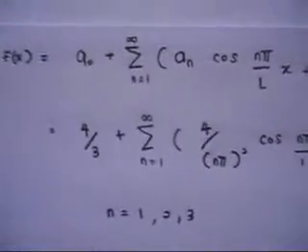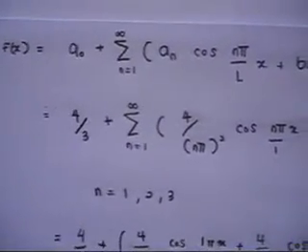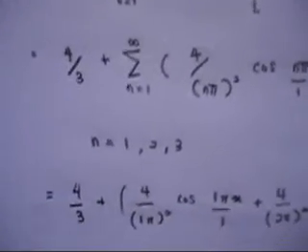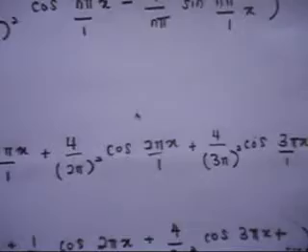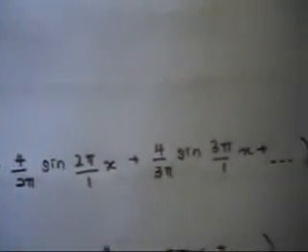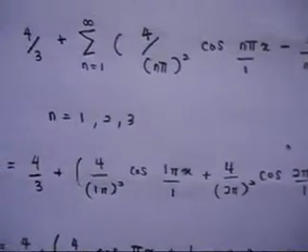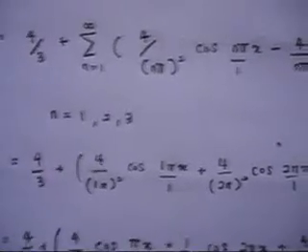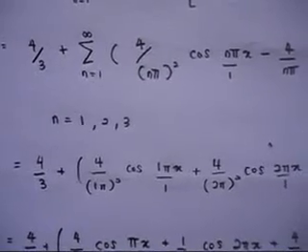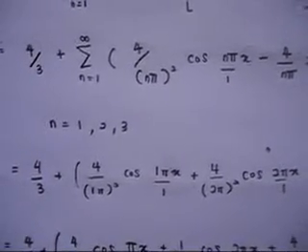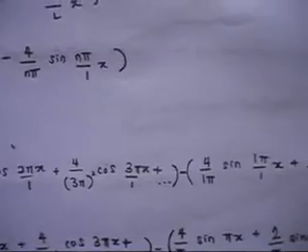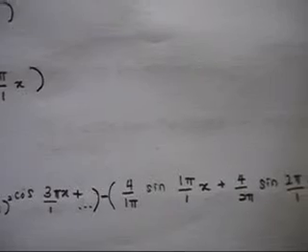So after that we insert the values of n into the equation. I put the values of n to an, or an cos n pi x first, and then I insert n equal to 1, 2, 3, to 4 over n pi sin n pi over 1 x.